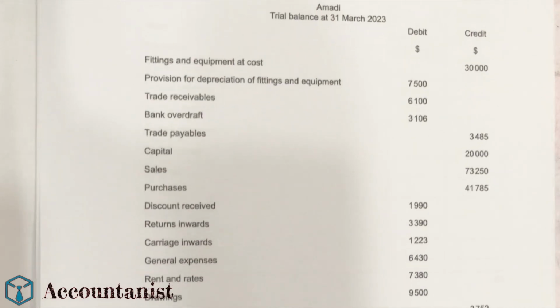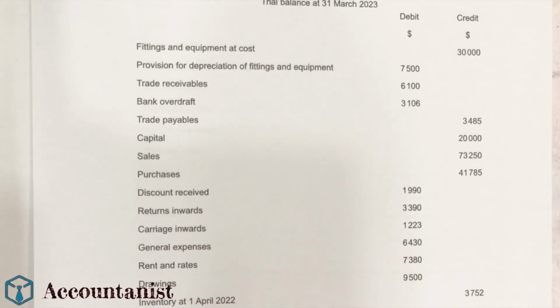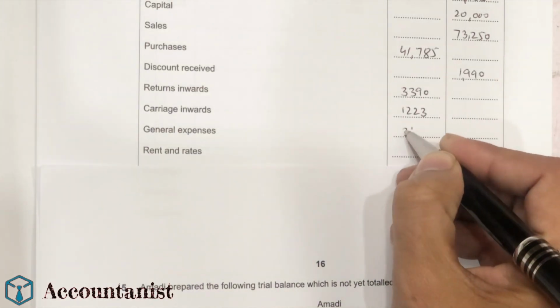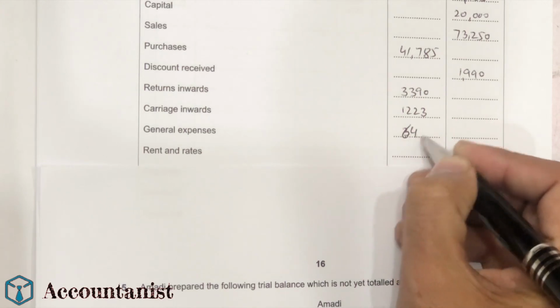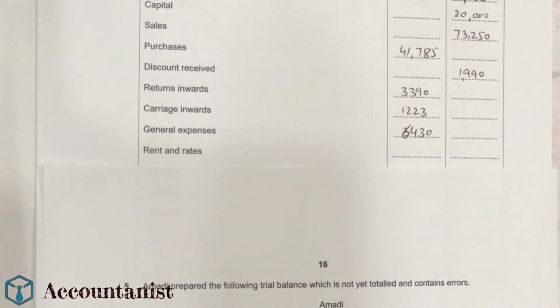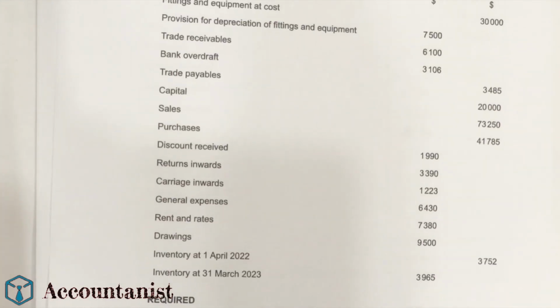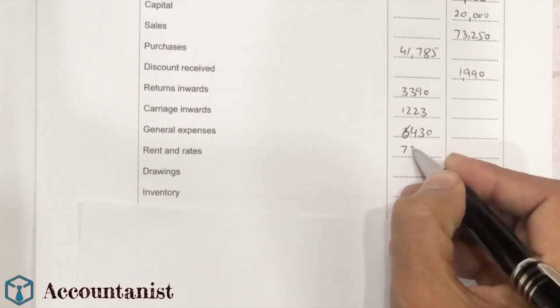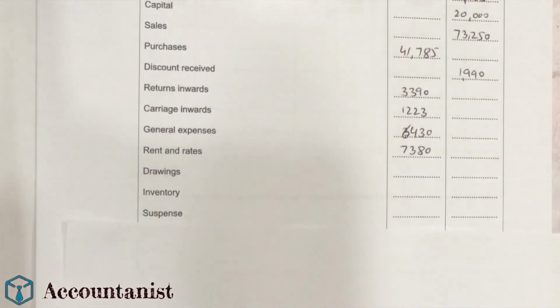Next we have general expenses. It's an expense, so it comes on the debit side, 6,430. Rent and rates is also our expense, 7,380. So 7,380 will come up here.